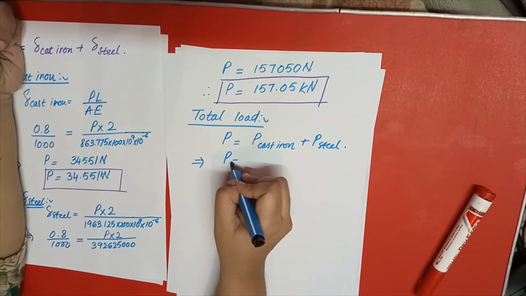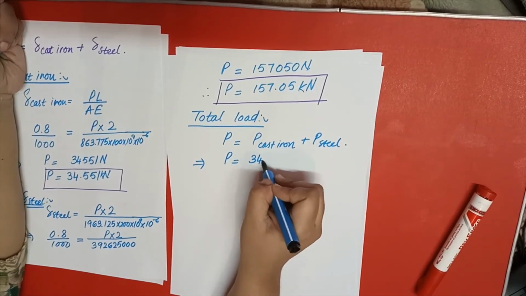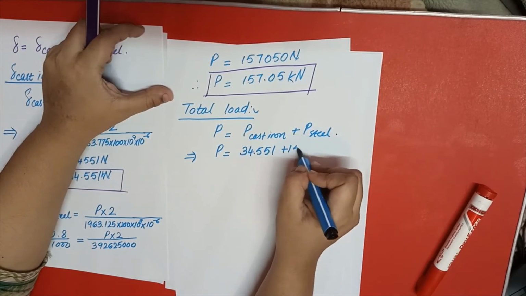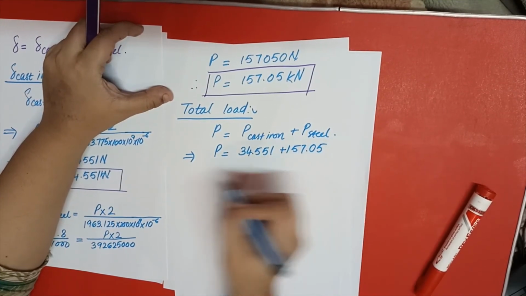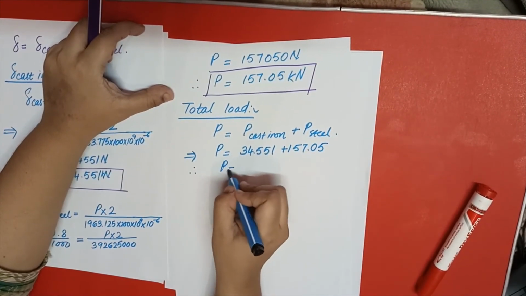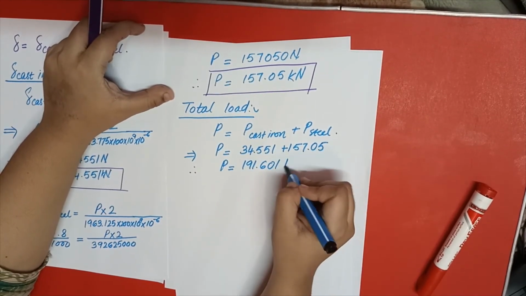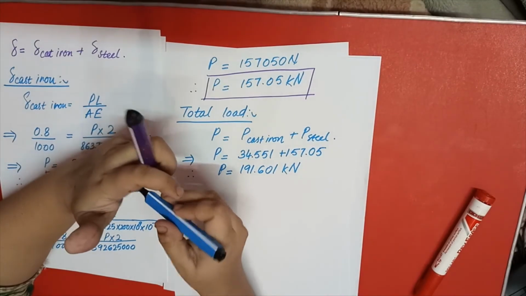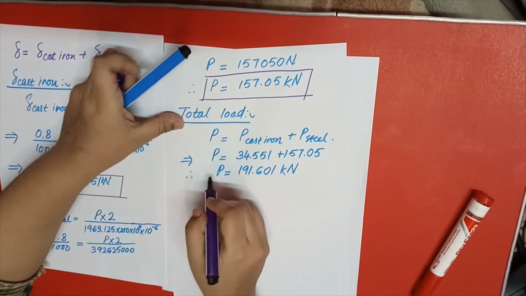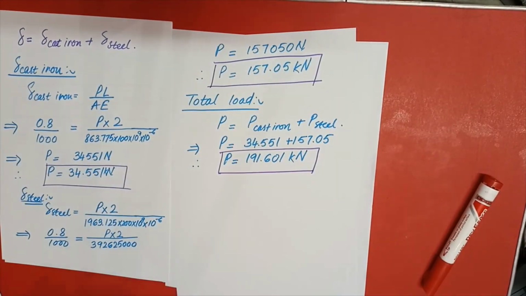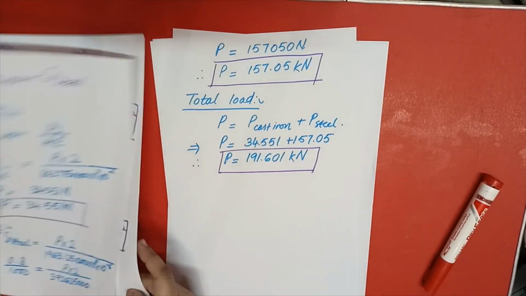So P equals to 34.551 plus 157.05. Therefore P equals to 191.601 kilonewton. So this will be the total load which we have to find out.